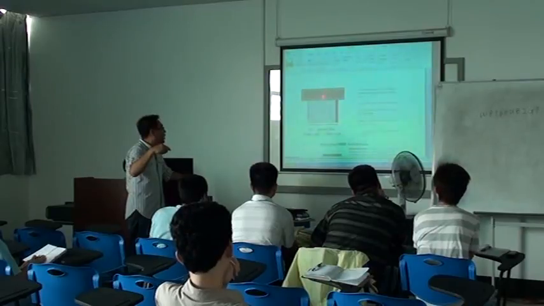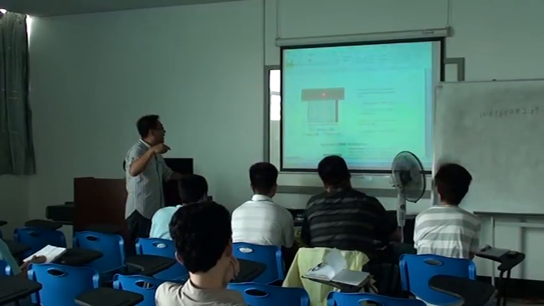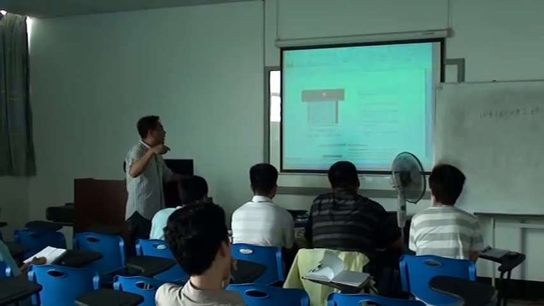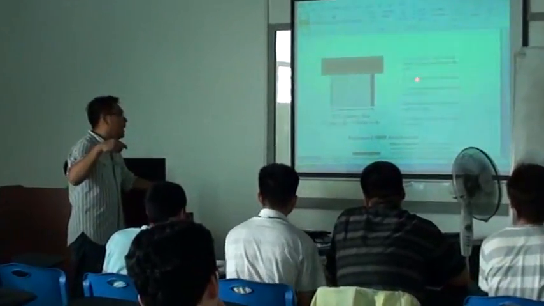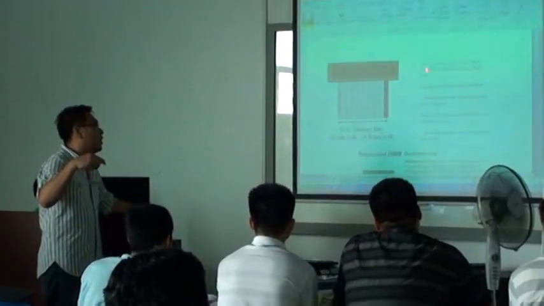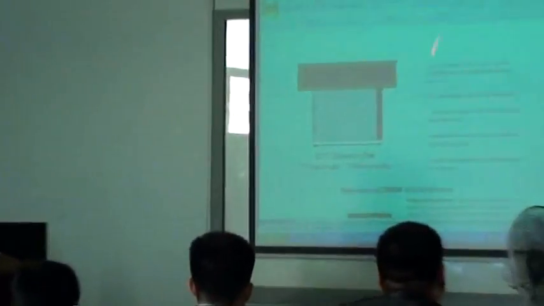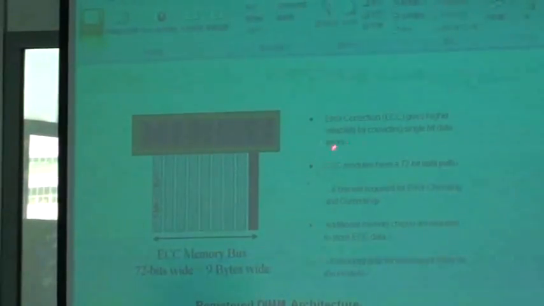So normally the chip in the center here is the ECC chip. It stores all the data so that it can do the job like error correction. So any problem with the memory, this chip will correct by itself automatically.